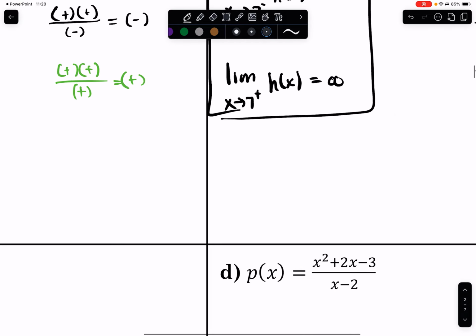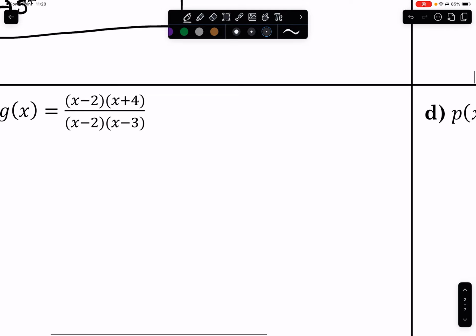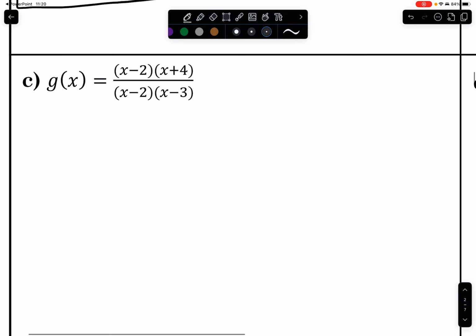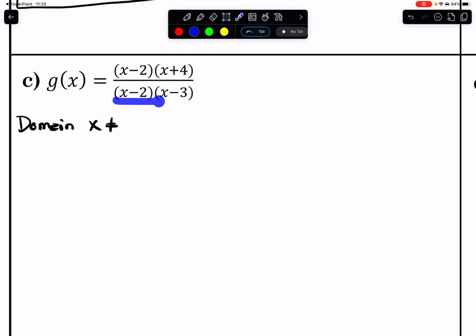Let's move on to the next example. So right here again, our domain cannot equal the bottom values, whatever makes the bottom equal to 0. So it cannot equal positive 2, nor can it equal positive 3. But we don't have vertical asymptotes at both locations.